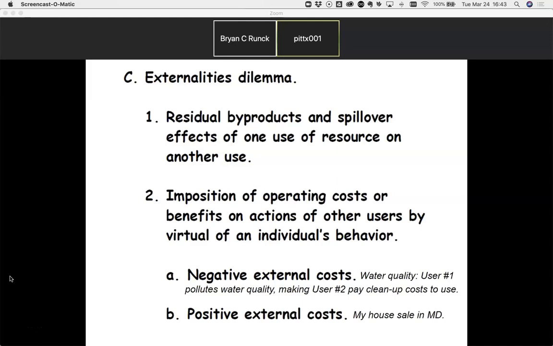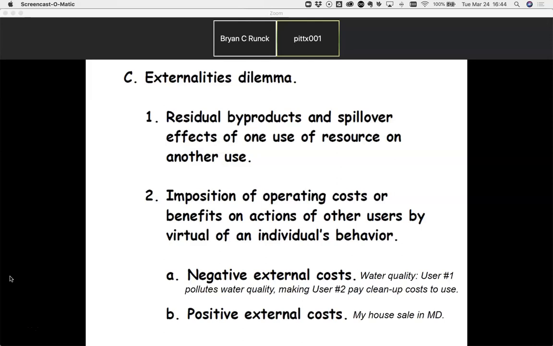The classic example of negative externalities is associated with water quality, where the upstream user uses water, contaminates the water quality in the process of using that water, and discharges the contaminated water back into the river. In order for the downstream user to be able to use that water, she must pay the cleanup costs, that is, decontaminate the water in order to use it for the purpose that she wants to use it.